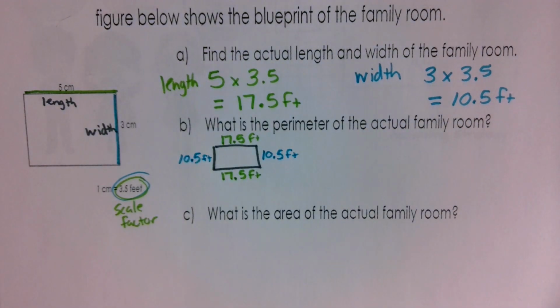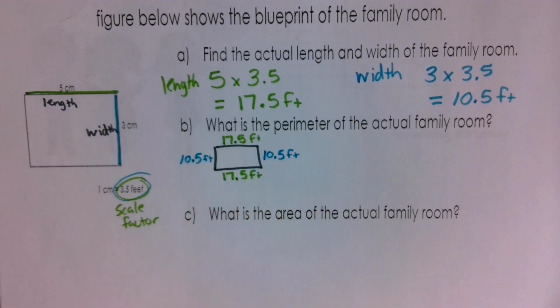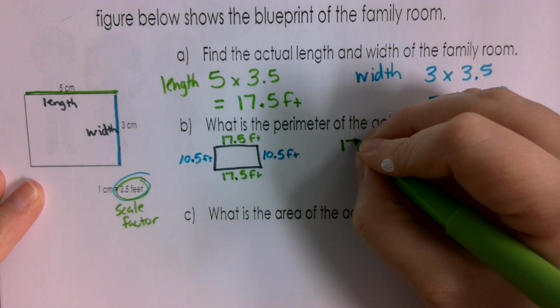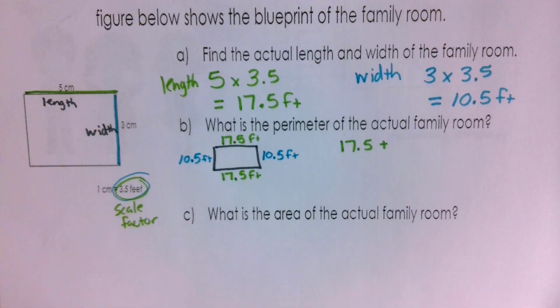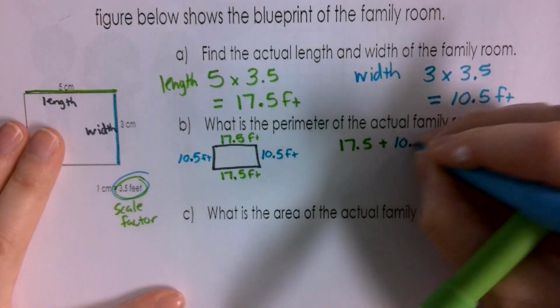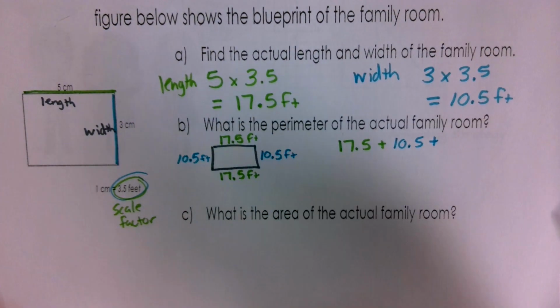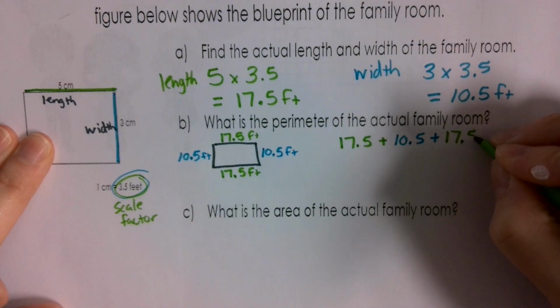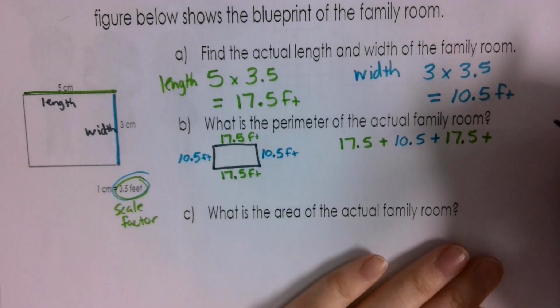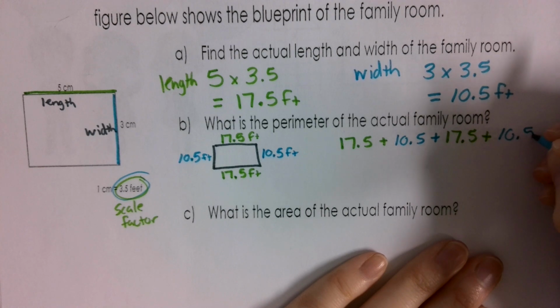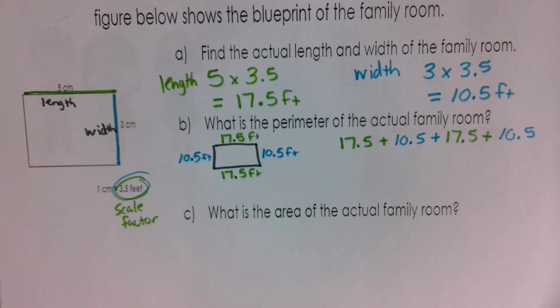So for my perimeter, I'm just going to add all 4 sides together. So I'm going to take 17.5, add 10.5, then add 17.5 and add 10.5.